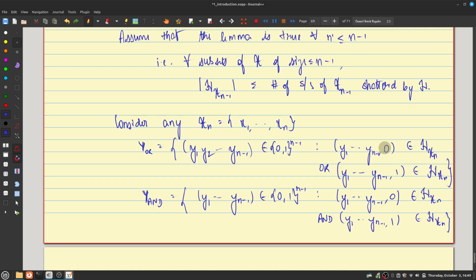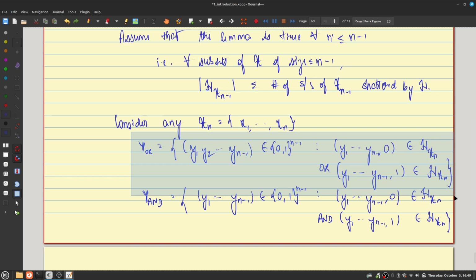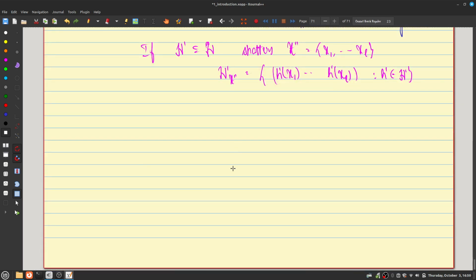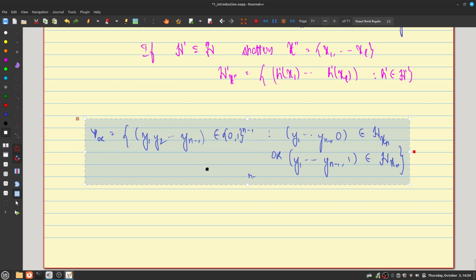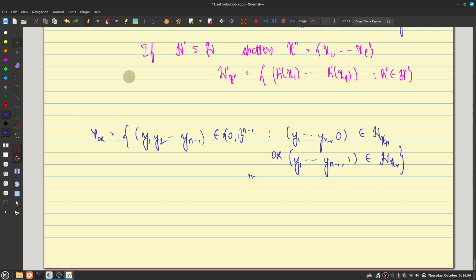So if some element of Y or can be generated, let me copy this here. So this I claim is equal to the restriction of H onto xn minus 1.